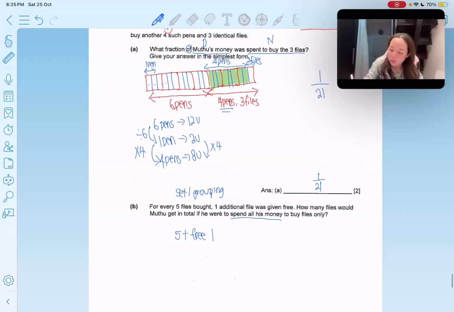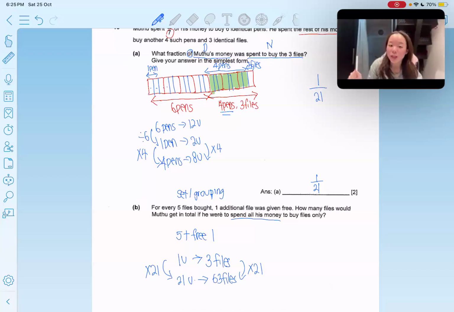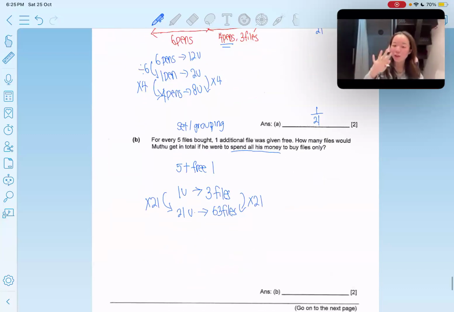Correct. If I know that 1 unit can buy 3 files, do I know how many files 21 units can buy? I just multiply by 21. So I get 3 times 21, I will get 63 files. If Muthu buys 63 files, how many free? Every 5, I get free 1.